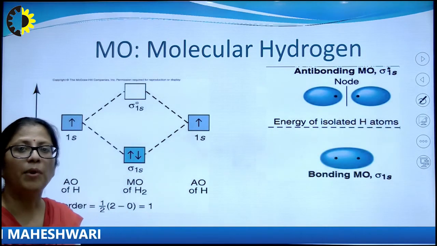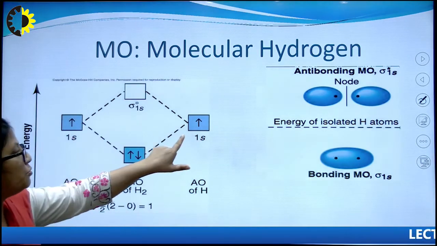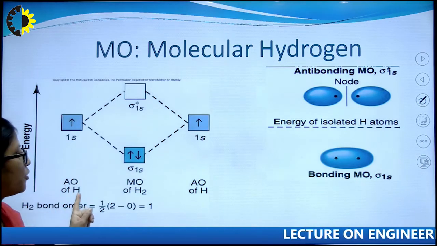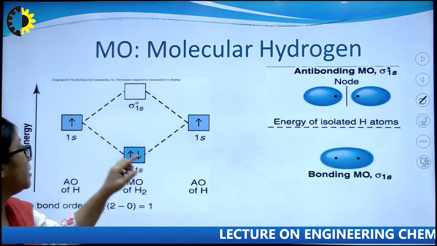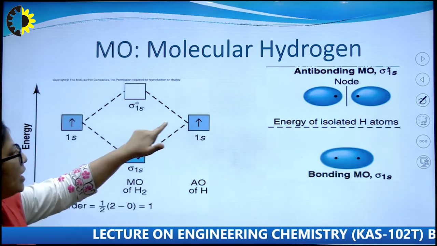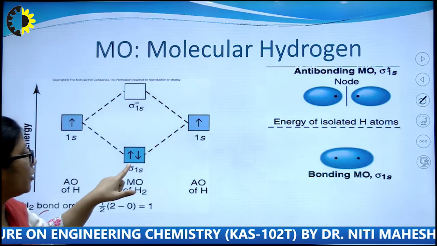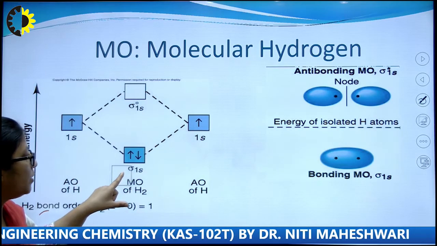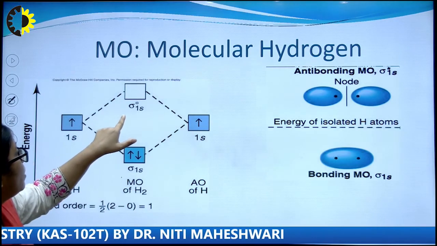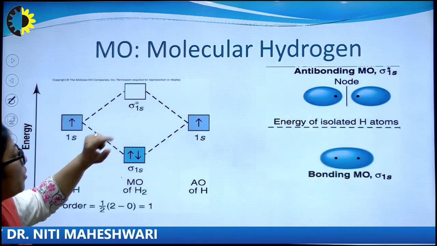This is, again, the molecular hydrogen. Here these are the two isolated atomic orbitals of the hydrogen atoms. So, 1s and 1s of two hydrogen atoms, two atomic orbitals, are combining, and they form two molecular orbitals, one lower in energy, which is the sigma 1s, and another one higher in energy, which is the sigma star 1s.